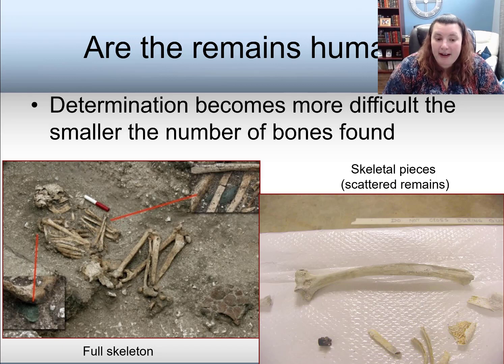For example, if you find a full skeleton of a human, it's a lot easier to identify specific bones that make it uniquely human. However, in scattered remains cases, we may only uncover a few skeletal pieces in the area, and that makes it much more difficult to identify the unique species. This is particularly true with infant bones, which I want to cover on the next slide.